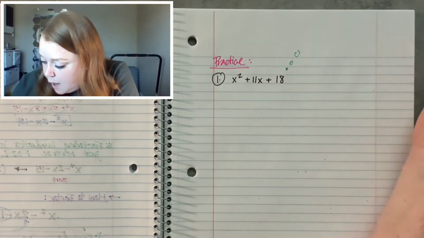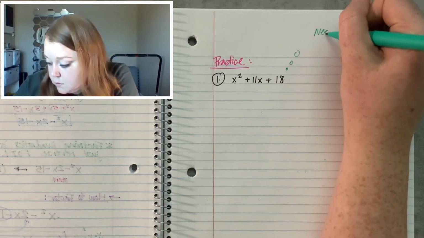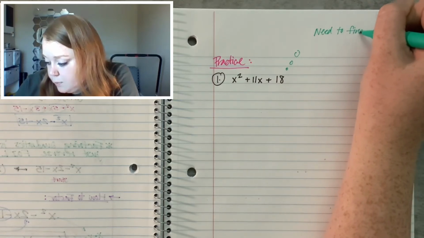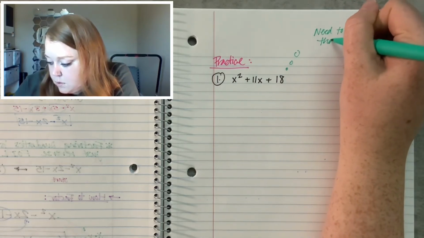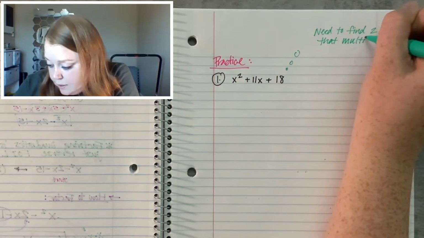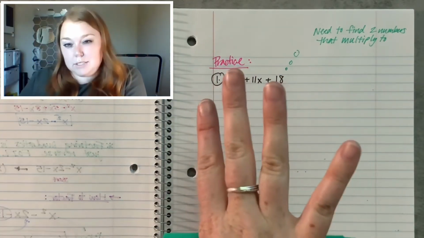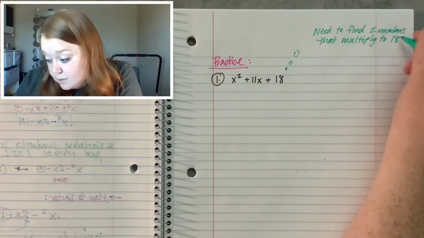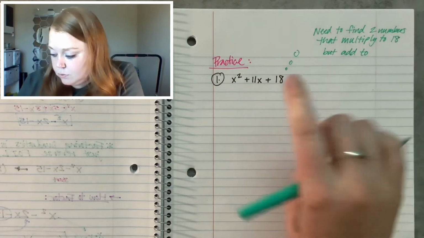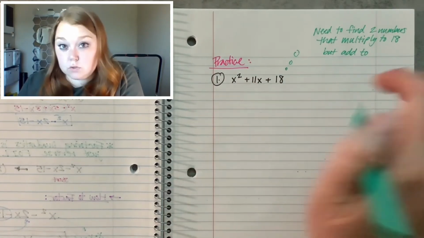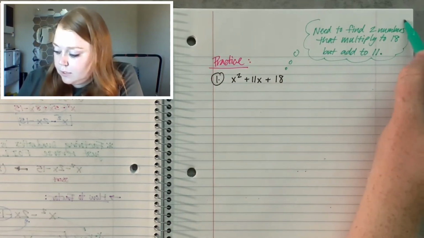So our thought bubble to ourselves is need to find 2 numbers that multiply to, and you always want them to multiply to that number at the end, multiply to positive 18, but add to, and they need to add to the coefficient of your middle term, add to 11. Okay, so that's what we're trying to find.